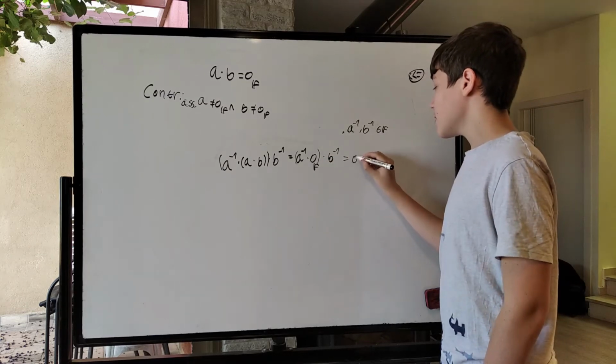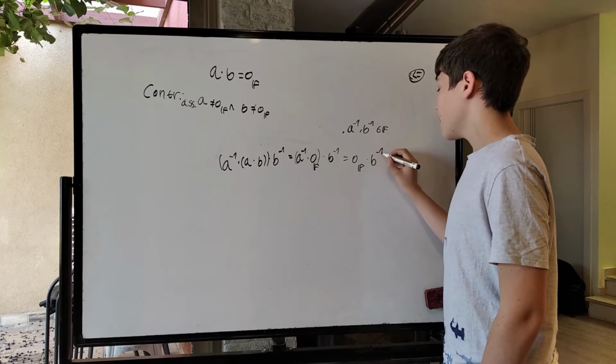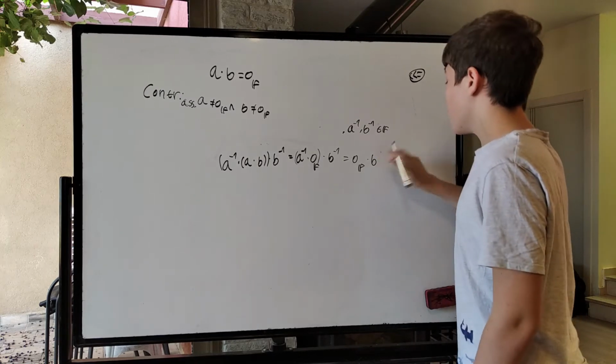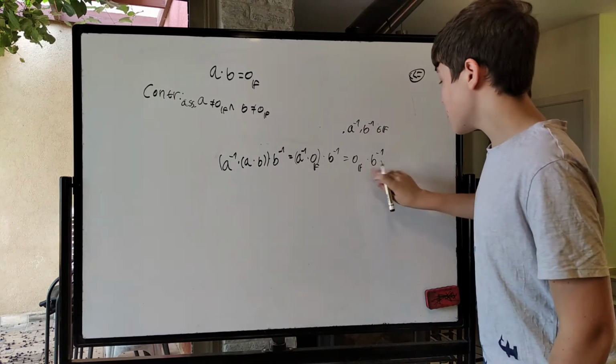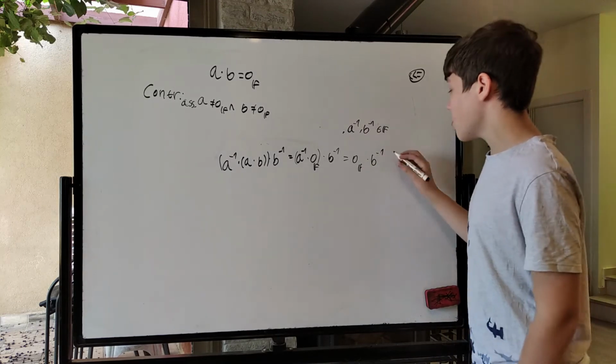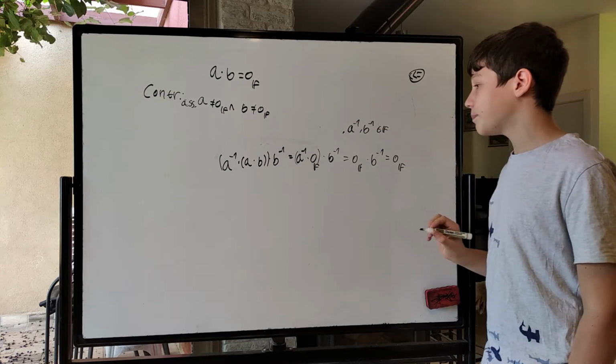So we know that this is the 0 of the field times the inverse of B. But again, we've proven that anything times 0 is 0. So we know that this is also 0.